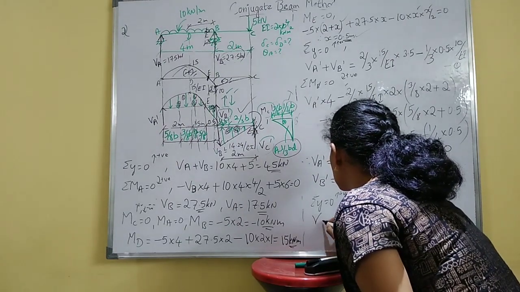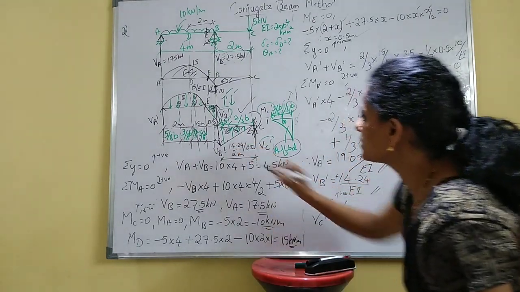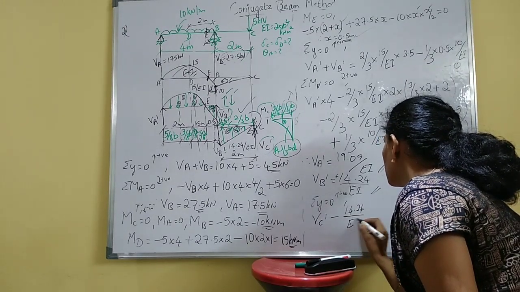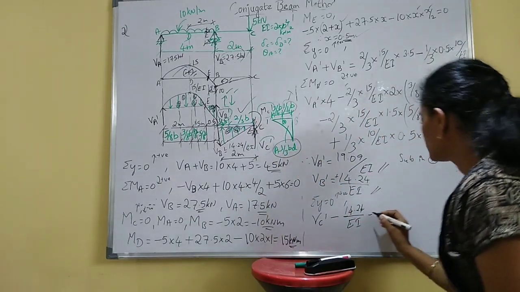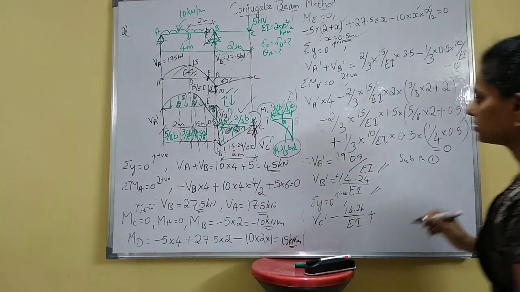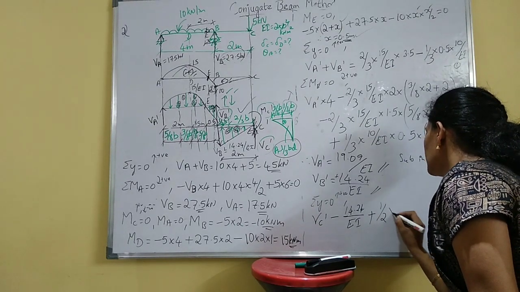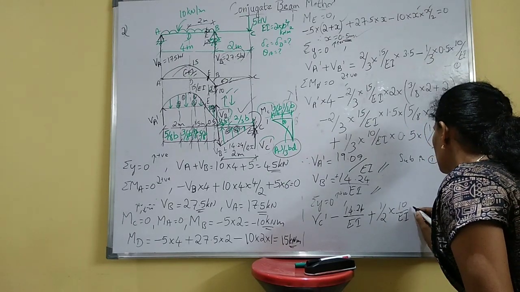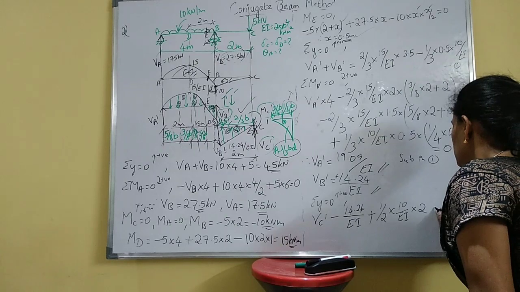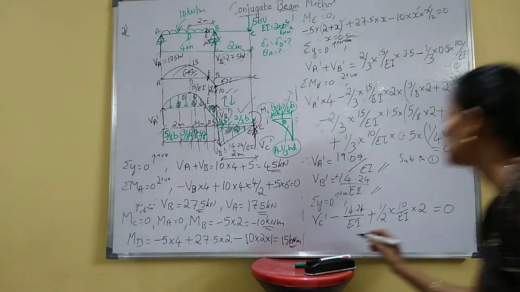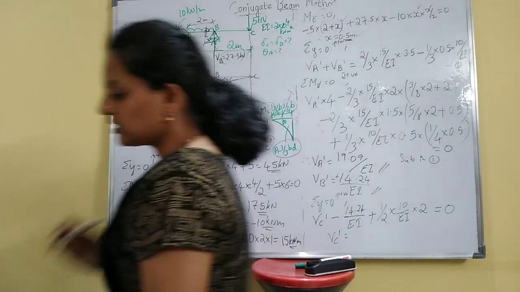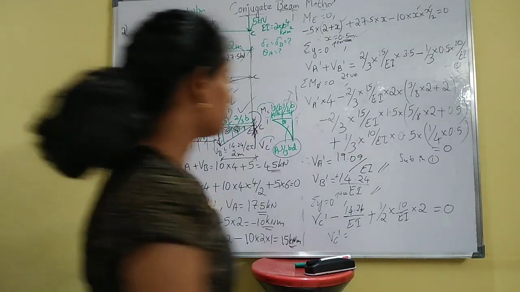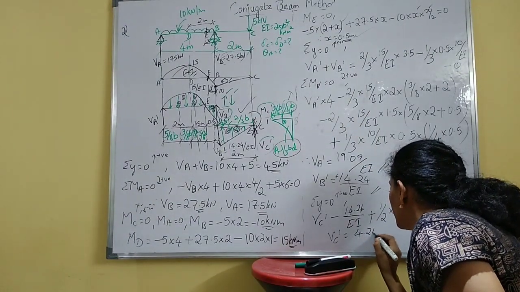So we have plus VC dash minus downward, so it is minus 14.24 by EI, and this is upward again, so it will be plus, triangle it is, so half into base into height, half into 10 by EI into 2 meter, which is equal to 0. Find out VC dash. VC dash is nothing but, you will get 4.24 by EI.